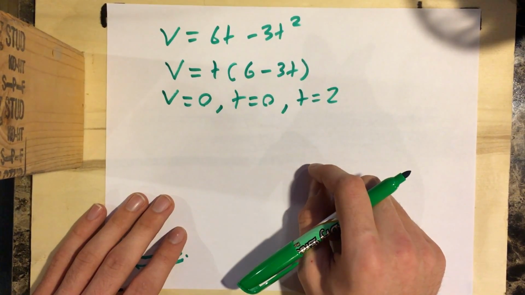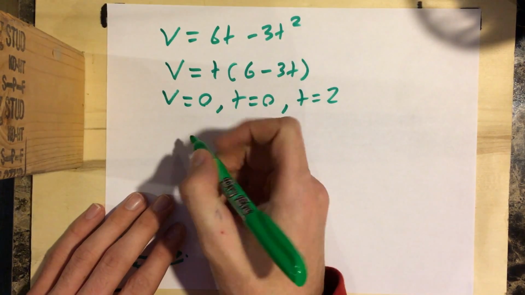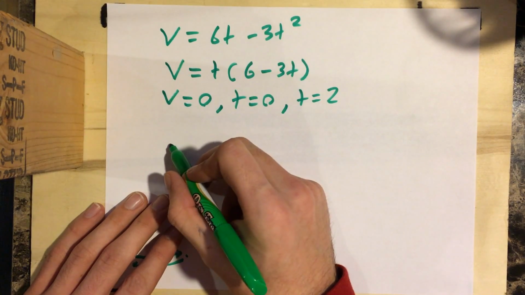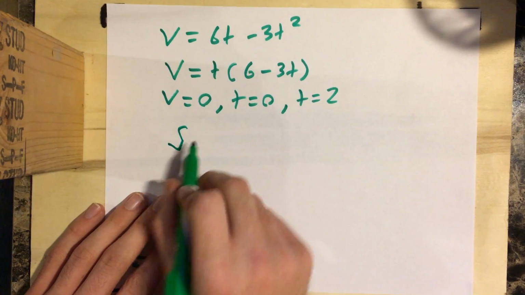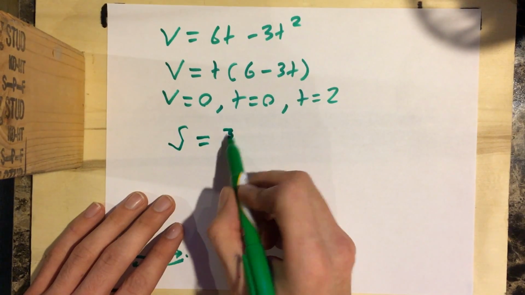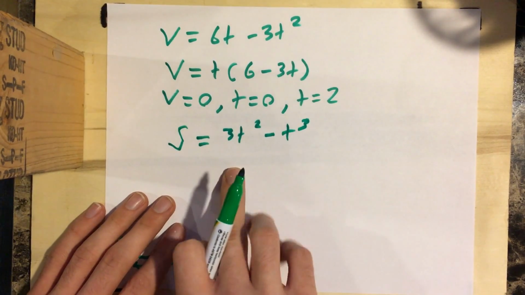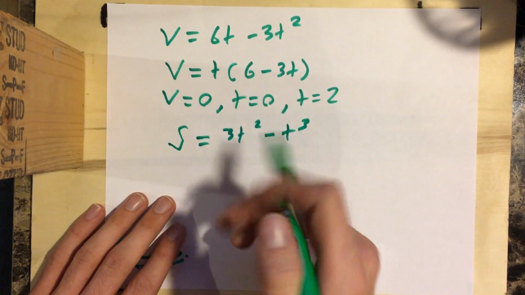From that, we can go back to the equation we had for displacement and find s. So s is equal to, that's a terrible s, I apologize, 3t squared minus t cubed. What we want to do is plug t equals 2 into that.